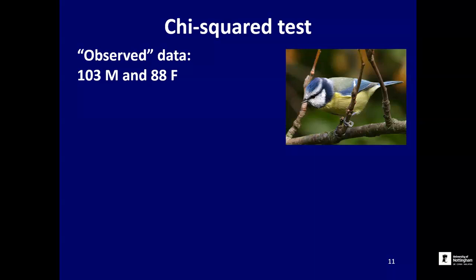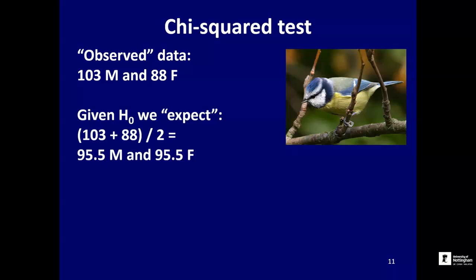Here are some observed data. We've already seen those, 103 males and 88 females. And now we have to work out what we would expect if the null hypothesis is true. So, what would we expect if we have equal numbers of males and females and we go and sample this many birds, 191 birds? Then obviously we'd expect 95.5 to be male and 95.5 to be female.